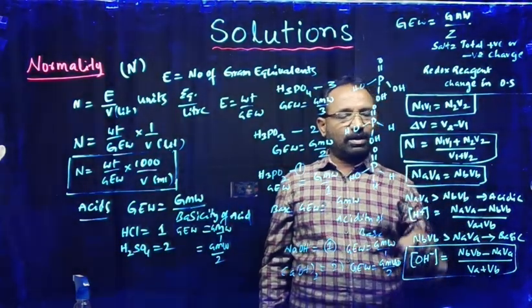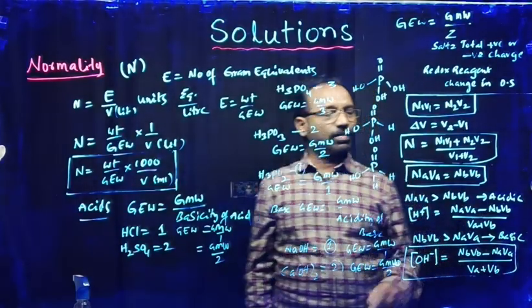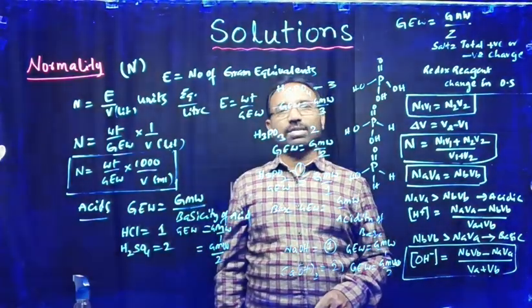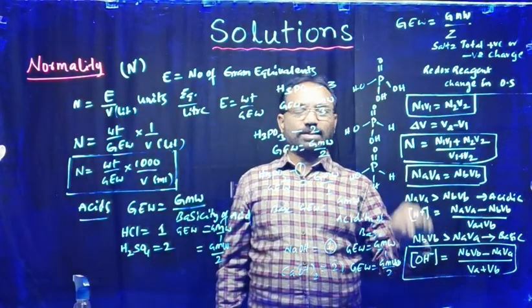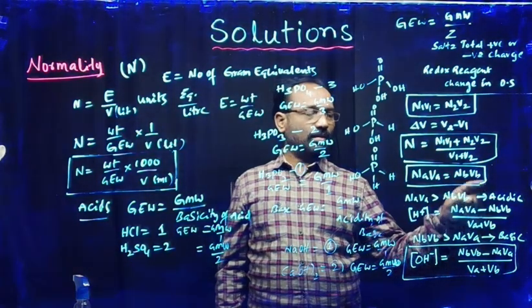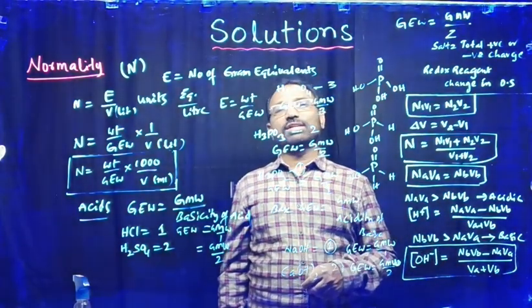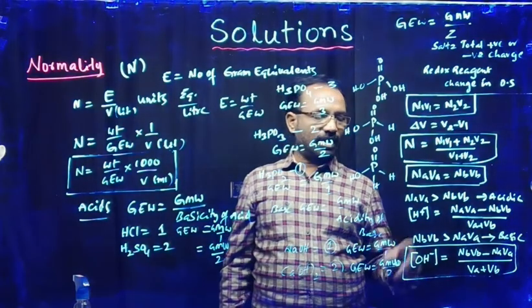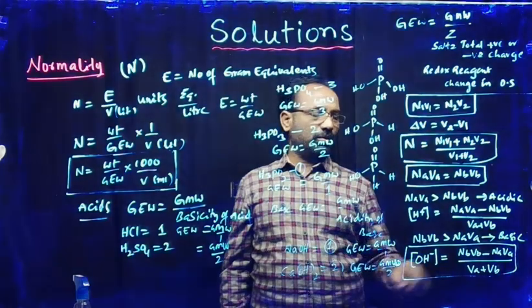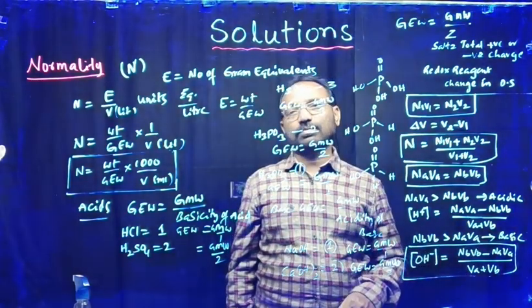If NAVA is greater than NBVB, the nature is acidic, and H plus ion concentration equals NAVA minus NBVB by VA plus VB, which is the normality of the resultant solution. Similarly, if basic, OH minus ion concentration equals NBVB minus NAVA by VA plus VB.